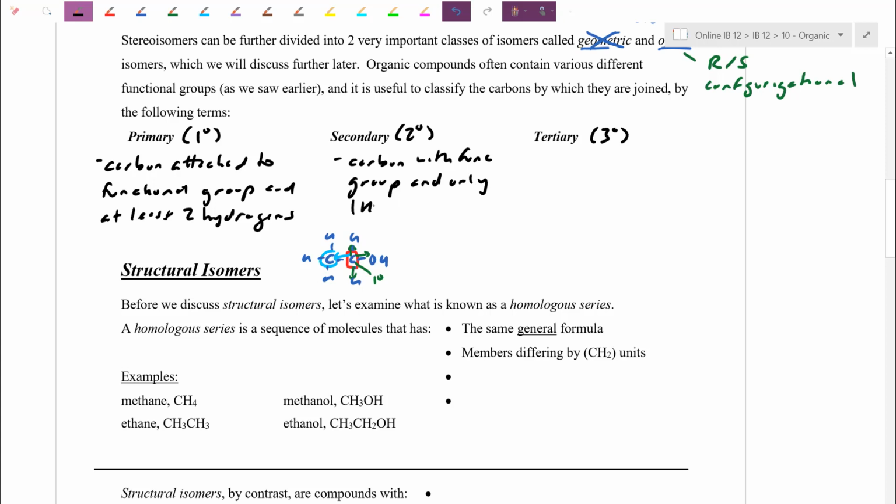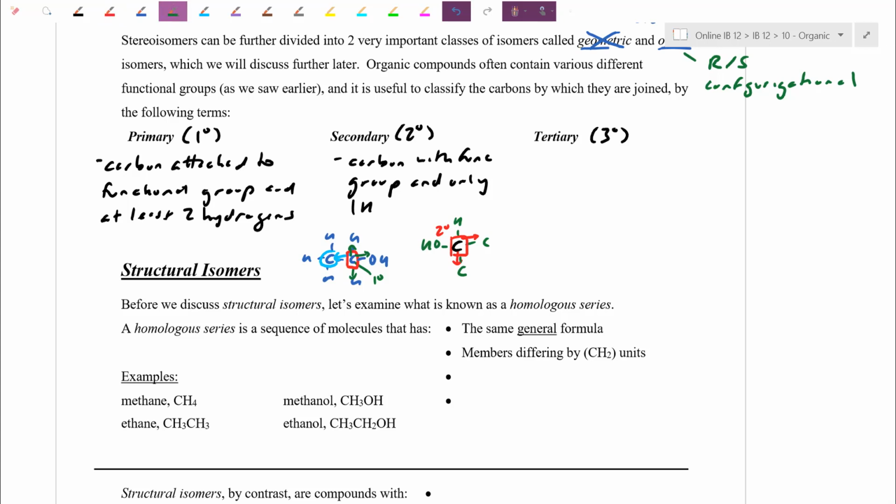And if you actually count it up here, if I'm only holding one hydrogen, so let's say I'm a C with the OH, I'm only holding one hydrogen. That means I have to hold two other carbons, right? So again, just for ease here, focusing on this carbon, we can call this a secondary carbon, two with that circle there, because it's actually holding two carbon neighbors.